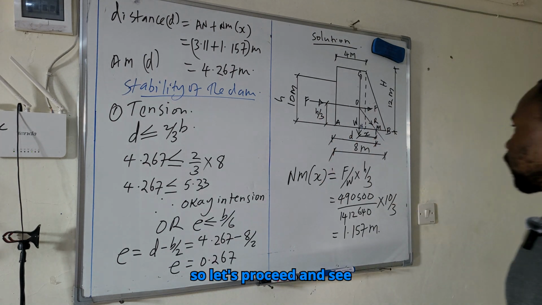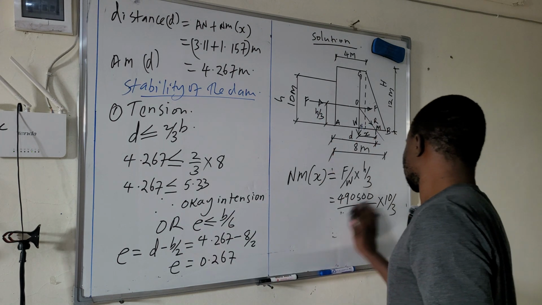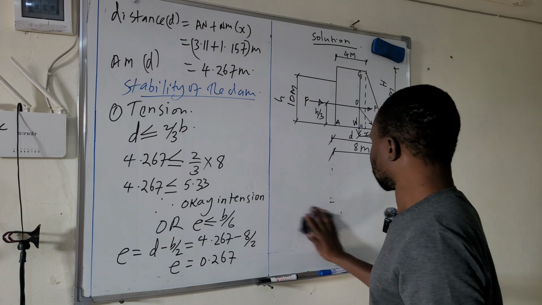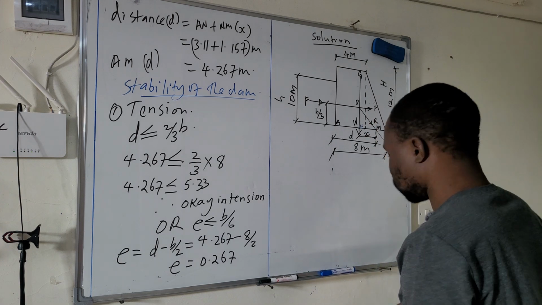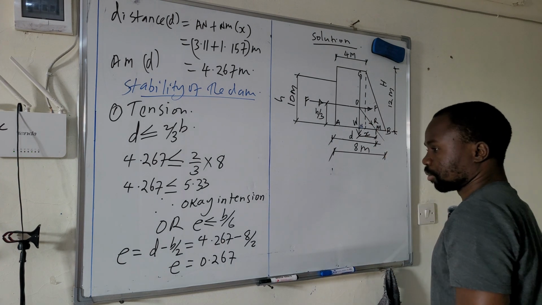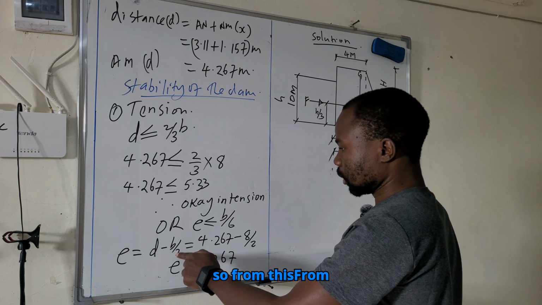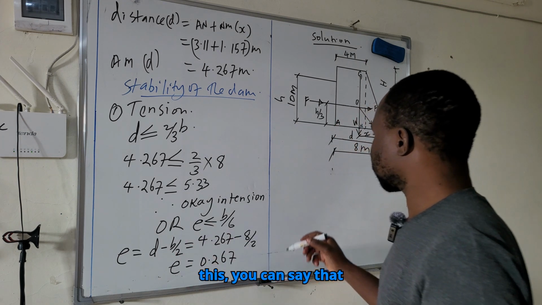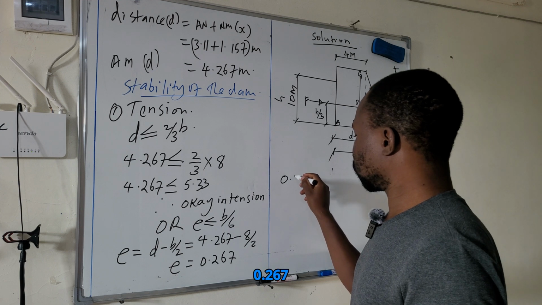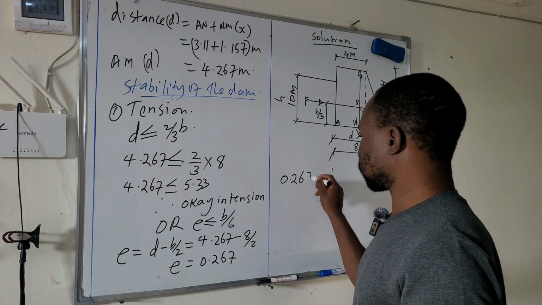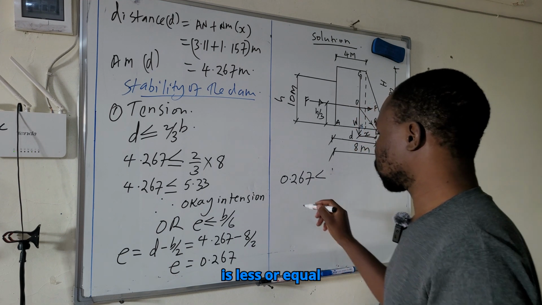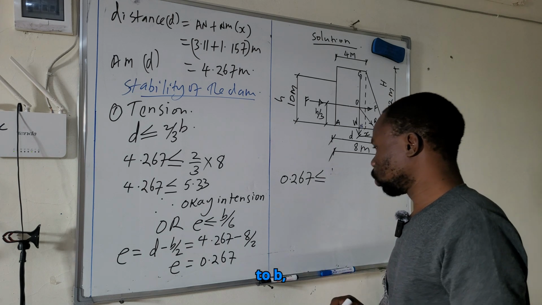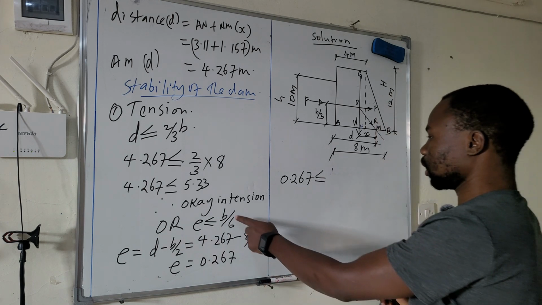So let's proceed and see. From this you can say that 0.267 is less or equal to B/6.